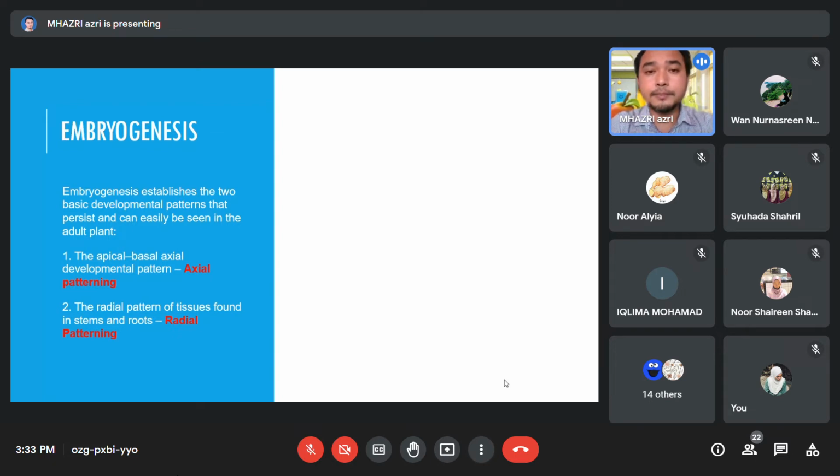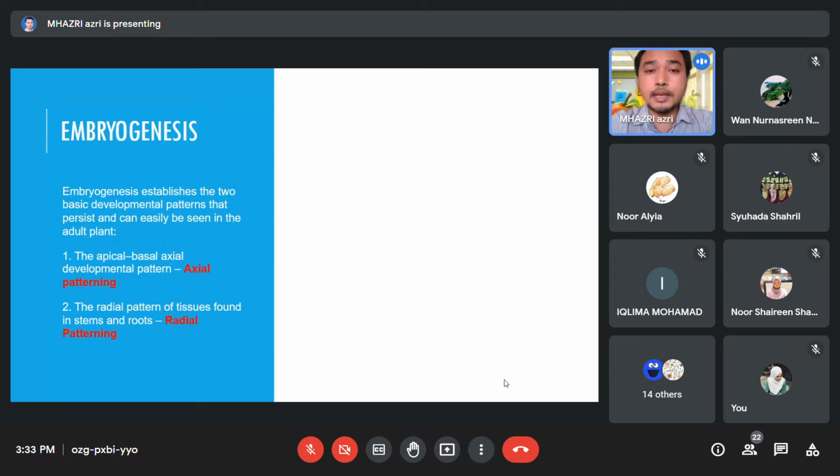What is meant by axial patterning? Axis, the growth. If like us humans, our growth cannot be continuous. We will stop growing at a certain stage.